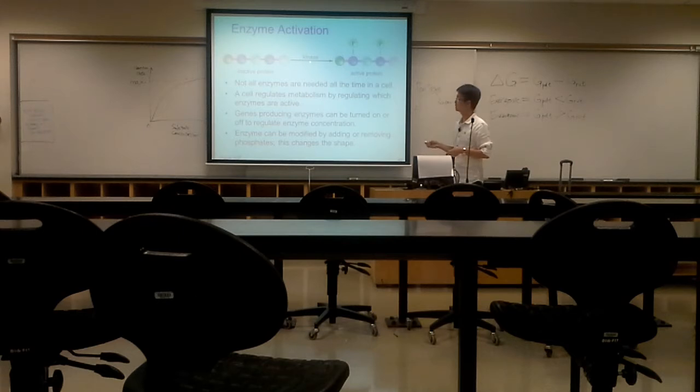And remember, this kinase enzyme, ASE, is also an enzyme. So activation of a protein or an enzyme may require another enzyme. So kinase is an enzyme that can activate a protein or an enzyme. Kinase is the enzyme that will put the phosphate group onto a protein or an enzyme.